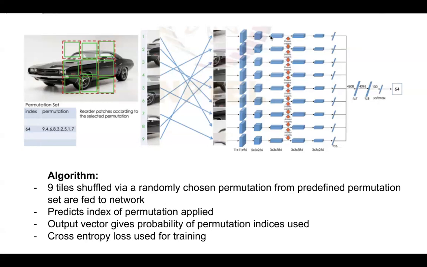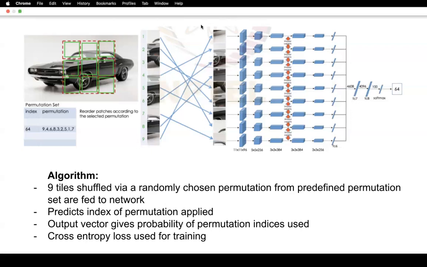The task of this network is to predict the permutation applied. Okay, each image is not an index, so I just mistakenly said that.